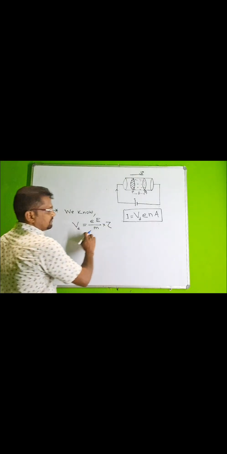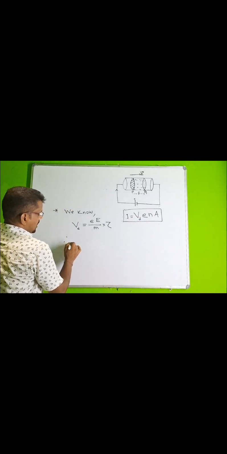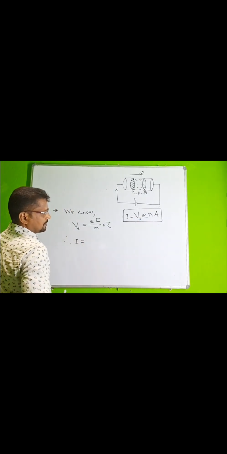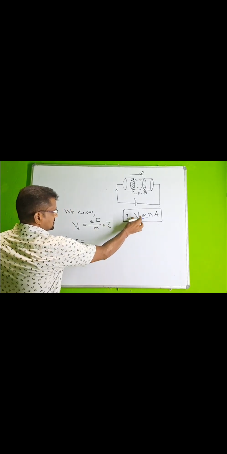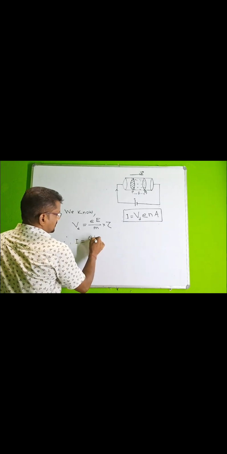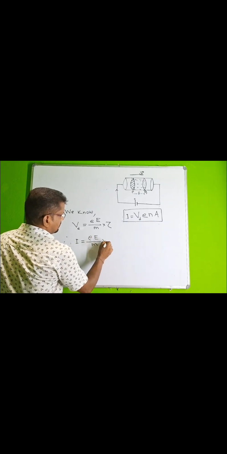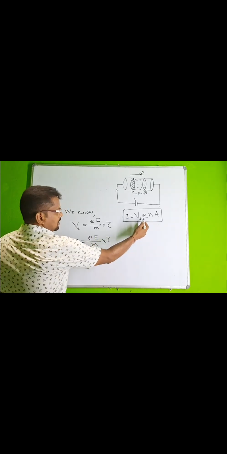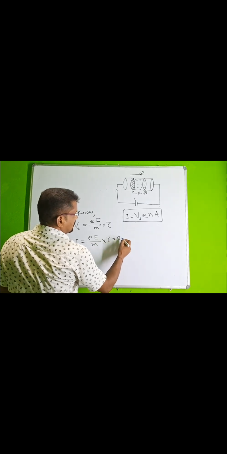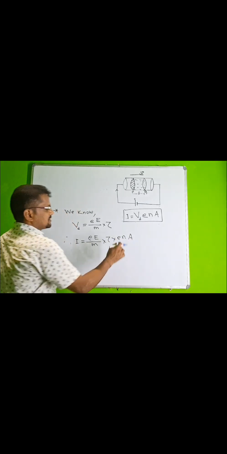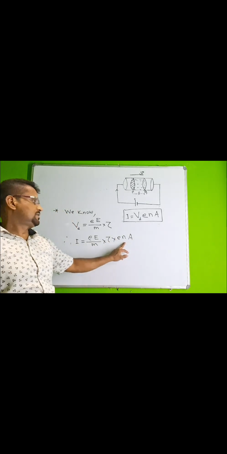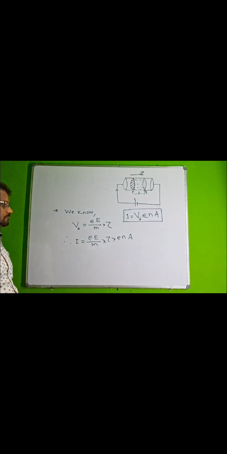Now, if I replace it here, then I reduces to I equals eE by m into tau, into e n A, that is charge on electron, electron density, and cross section area.